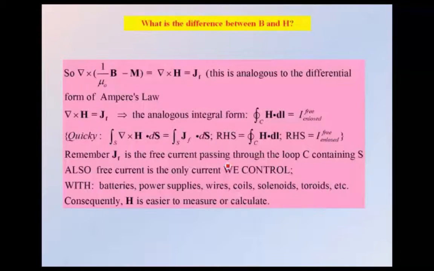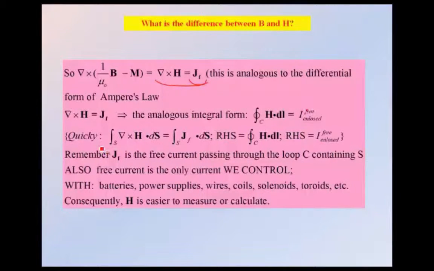If we start then with the curl of H right here, then we can change that into the line integral of H around a closed loop C, and that will be equal to the free current enclosed. That comes about by the fact that this is J sub F, so when we form this integral, we'll be taking a surface integral over J sub F, and that gives us our I free enclosed.